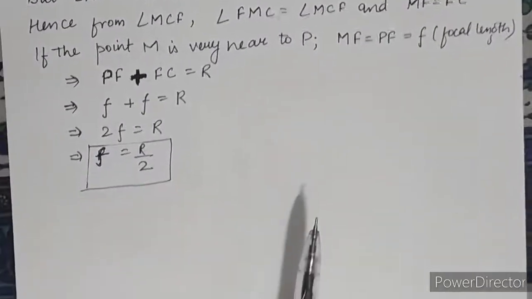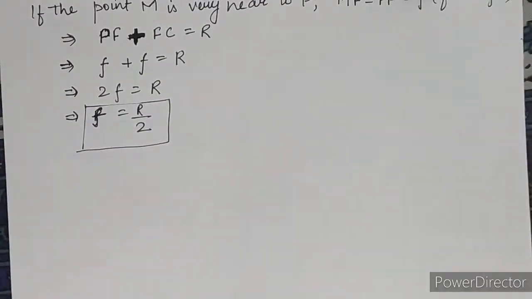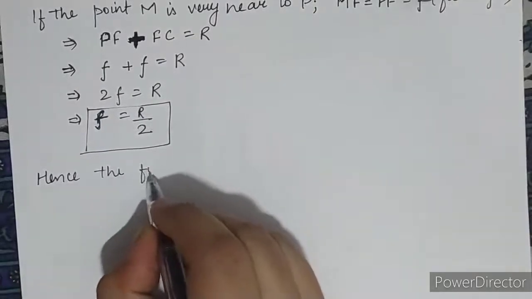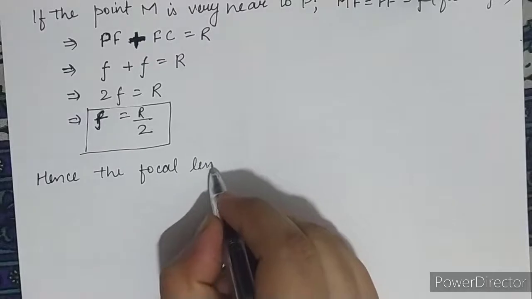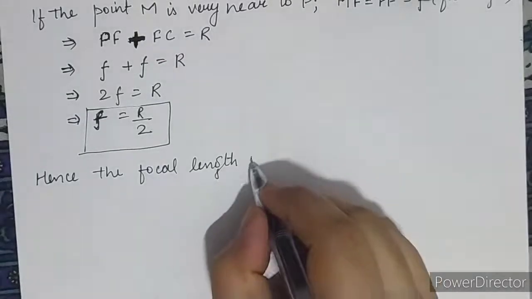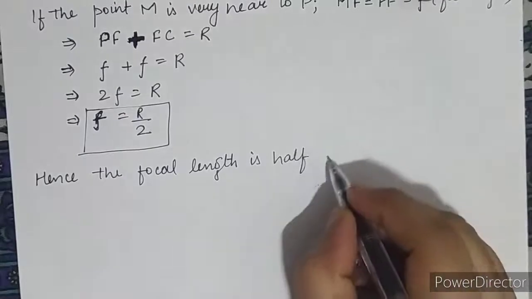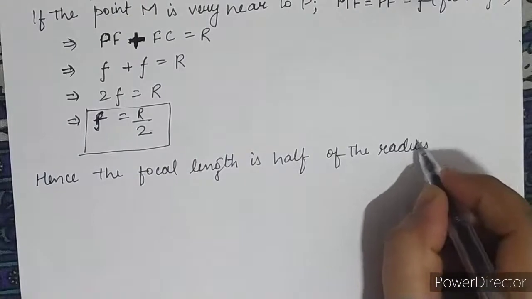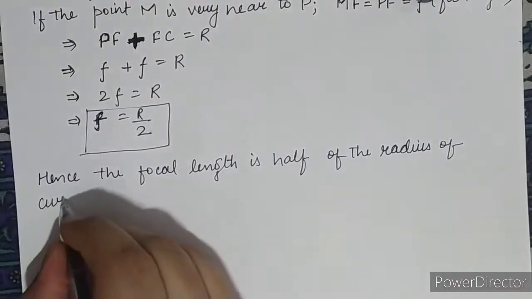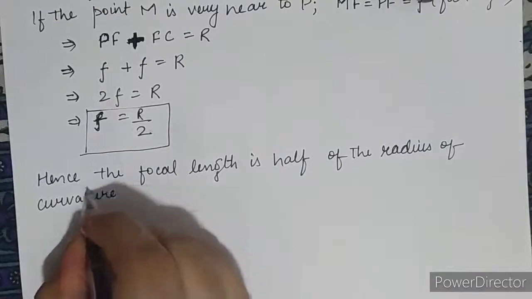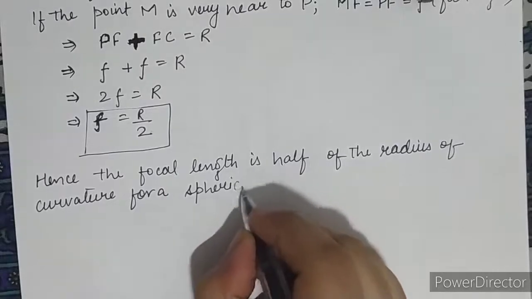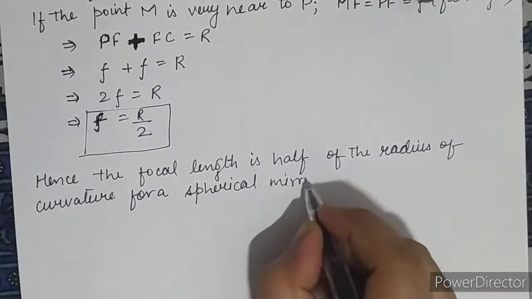Clear beta? This we have done. So hence we have concluded that the focal length is half of the radius of curvature for a spherical mirror.